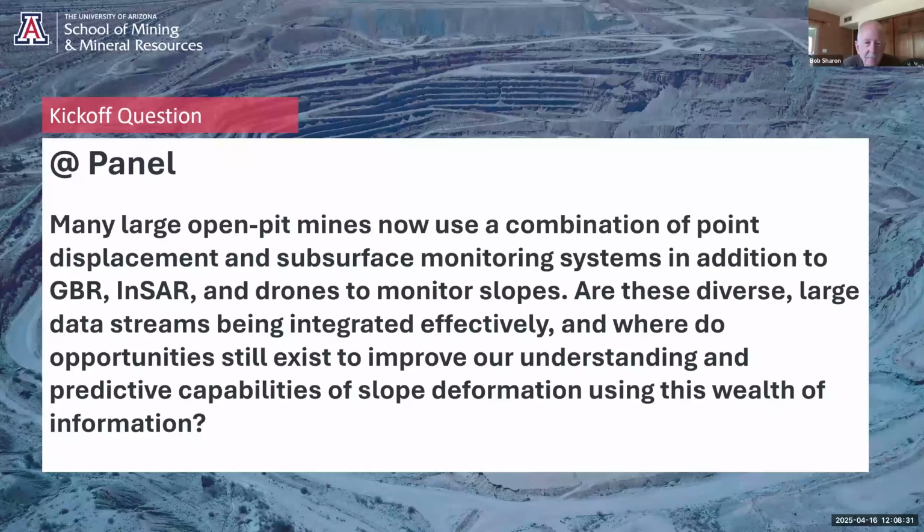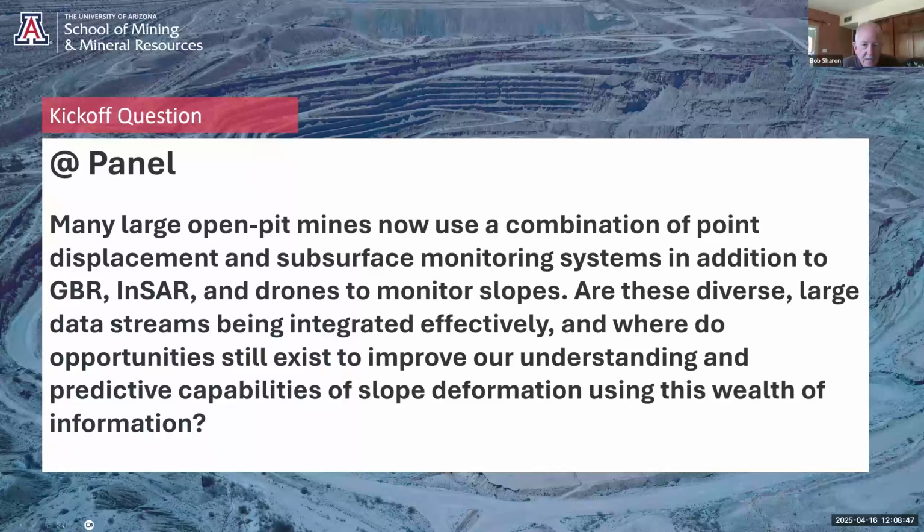Yeah, sure, James. We preoccupy ourselves, as people who provide services to a number of mining operations around the world, with how best to use monitoring information.